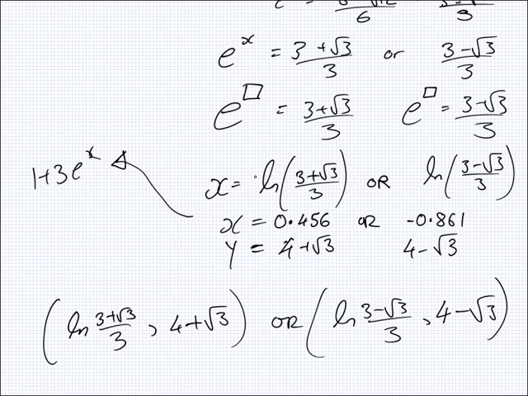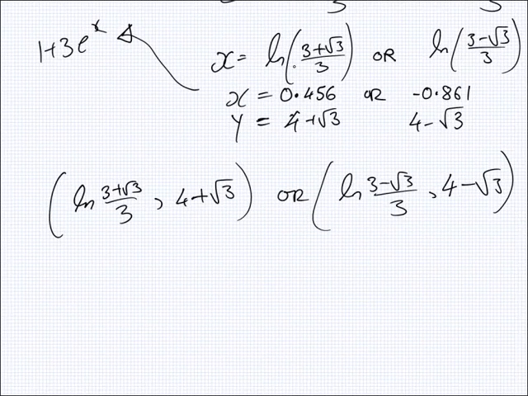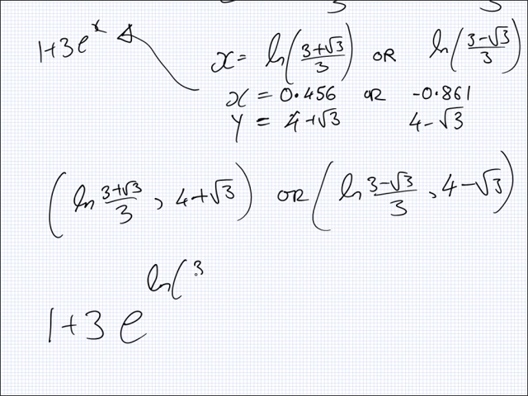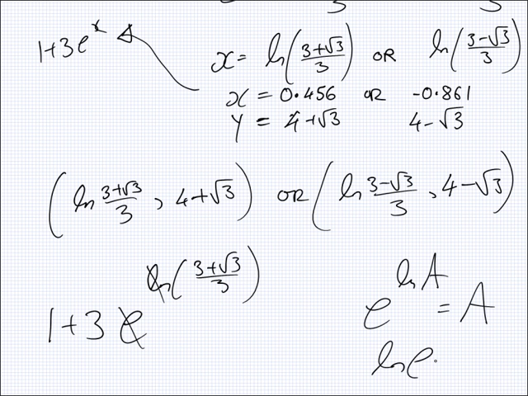I'll show you now. So if you sub this in directly, like that, who knows what happens here? These cancel. e log A equals A, or log e A equals A. Log and e cancel.